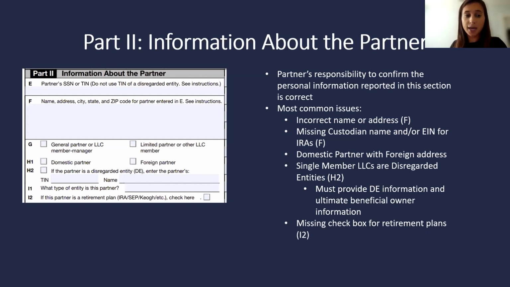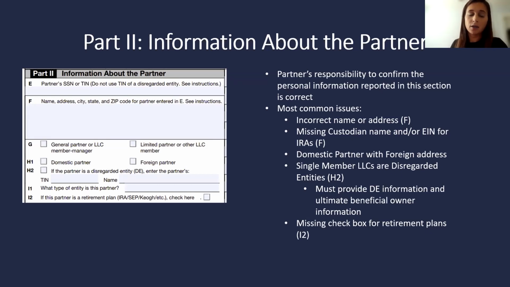From the IRS perspective, that is a disregarded entity. So we would put your EIN associated with that single member LLC and the name of that single member LLC in H2. And then in the upper section, so E and F, we would report who the ultimate beneficial owner of the single member LLC is.